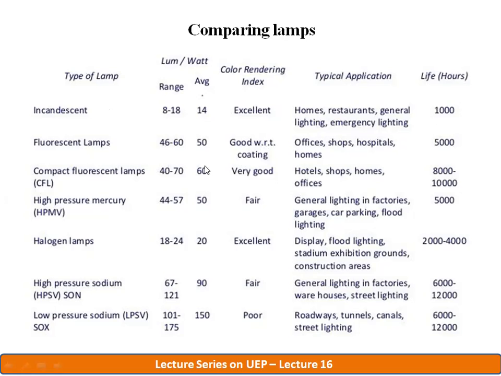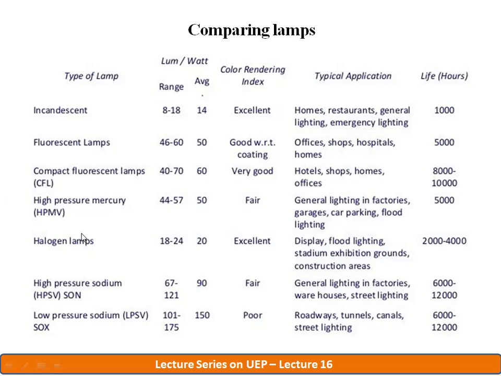CFL is about 60 lumens per watt, color rendering is very good, and life is 8 to 10,000 hours. LED color rendering is good, working hours are 1 lakh hours, and average lumens per watt is 100. High pressure mercury vapor lamp is fair in light, at 50 lumens per watt and 5000 hours.